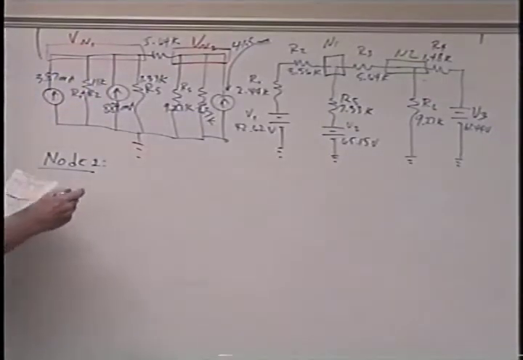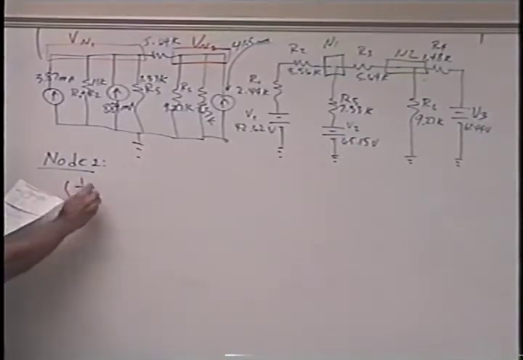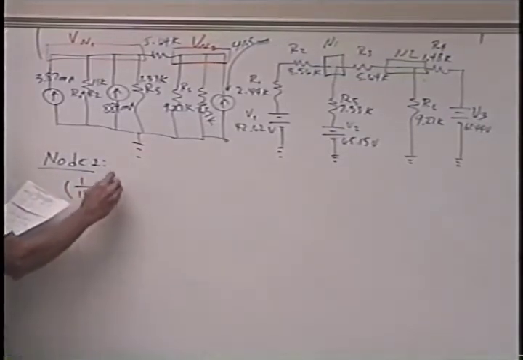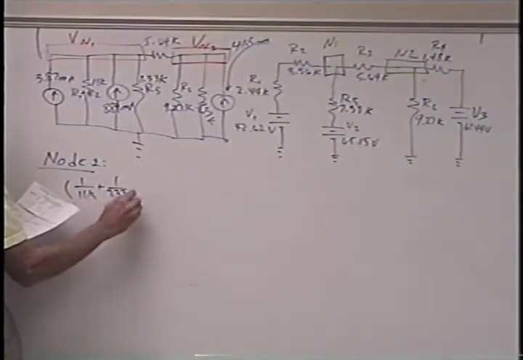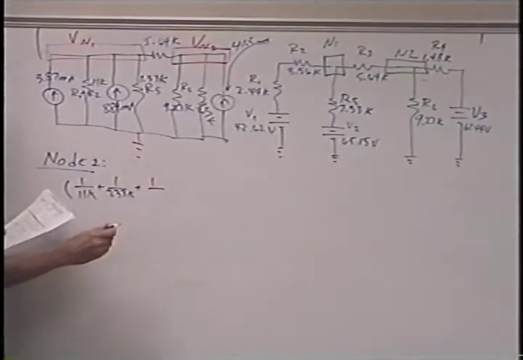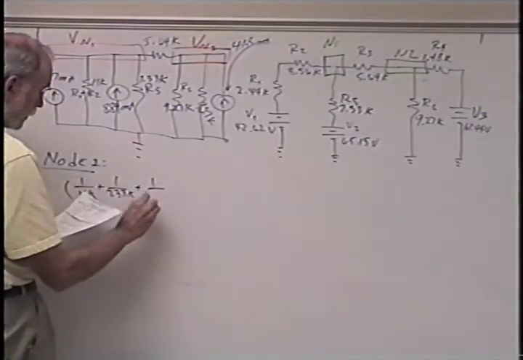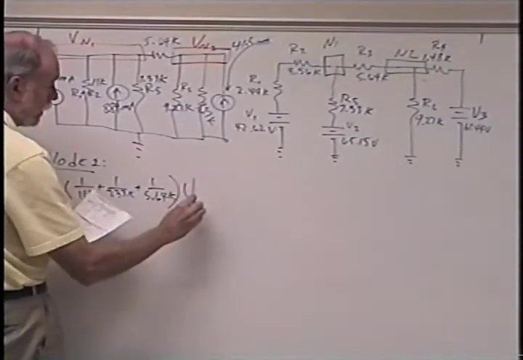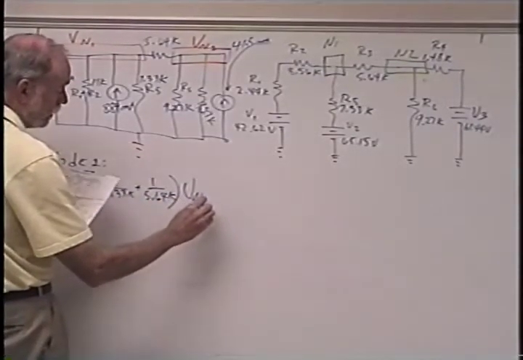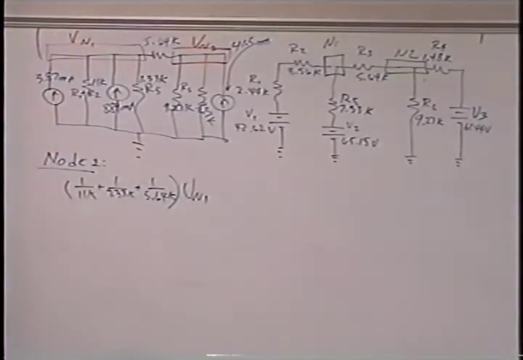So my equation will look something like this: 1 over 11K plus 1 over 7.33K plus 1 over 5.64K, times the voltage at node 1, minus any mutual conductance tied to an adjacent node.